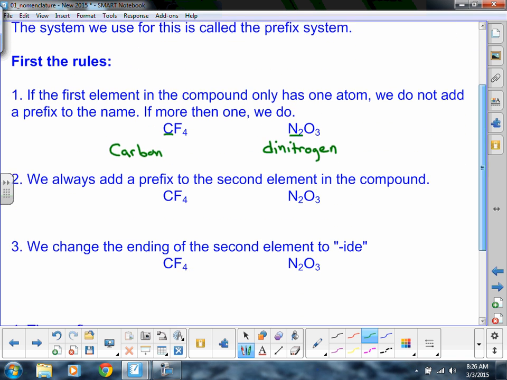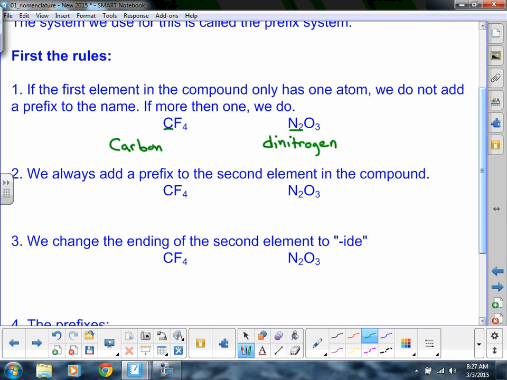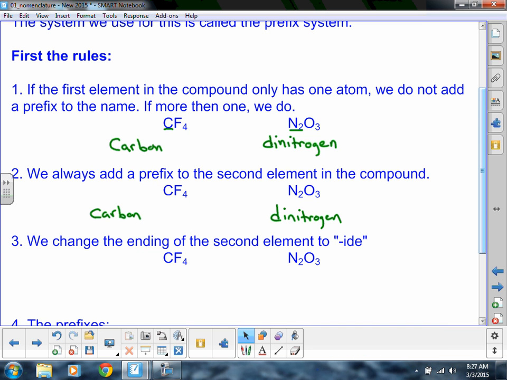The second rule is that we always add a prefix to the second element in the compound. So if we bring down what we just wrote for carbon, and then dinitrogen, we can then take a look at the second elements, which in this case we have F4 and O3. So we always use a prefix. So in this case, we have 4 fluorines, and the prefix for 4 is tetra.